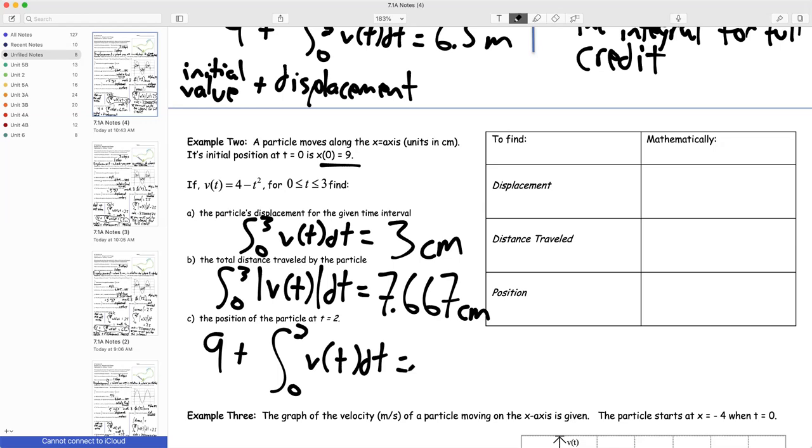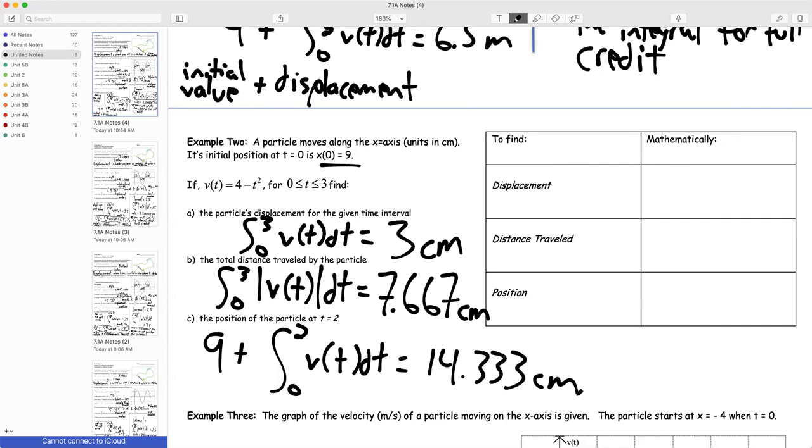And let's crank out our answer. Yeah, no, just 9. And you should get 14.333. We're going to round to 3 decimal places and put our units on that.